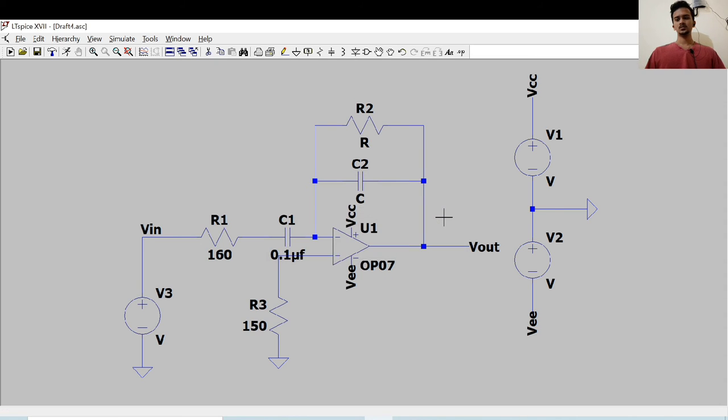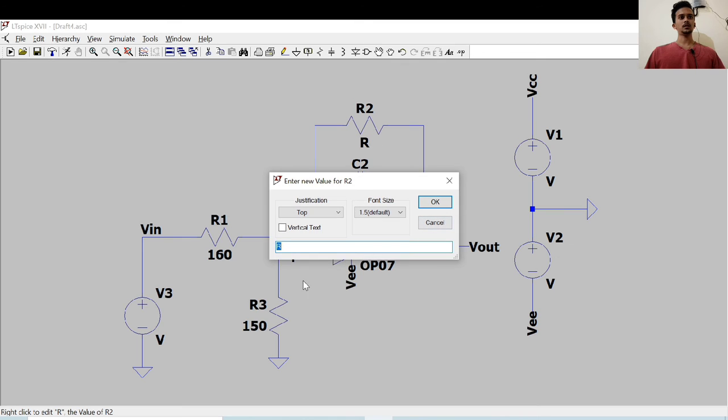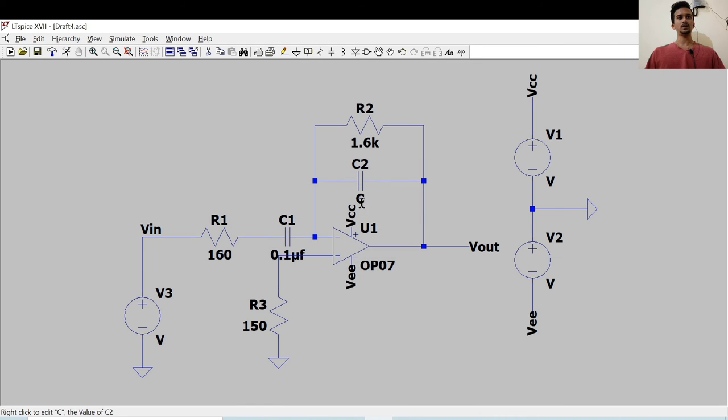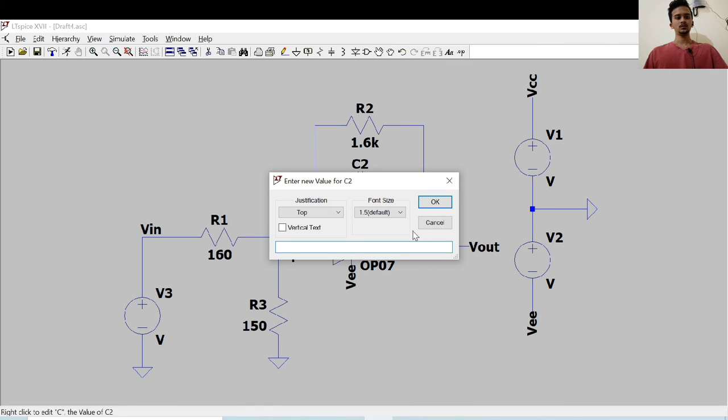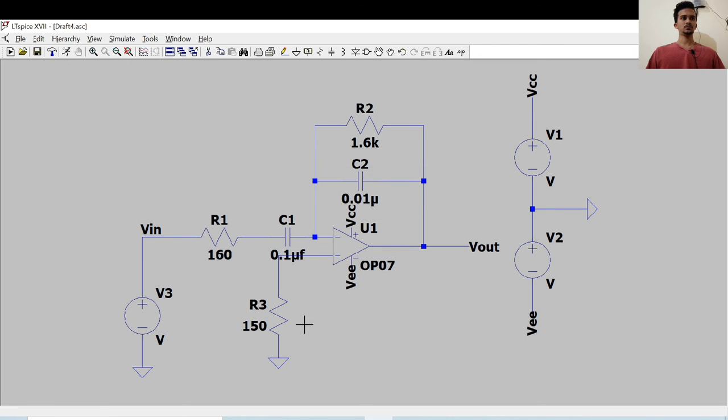Okay, so now we'll take R2, which is a feedback resistor. This will be my 1.6 kilo ohm. Okay, and my CF will be 0.01 microfarad.